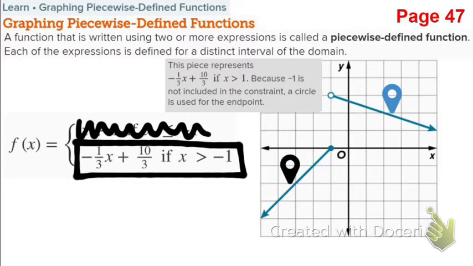Which of those pieces is my rule? Which of those would tell me my slope and my y-intercept? Yes, negative 1/3 x plus 10/3. This is my rule. It tells me the slope and the y-intercept.